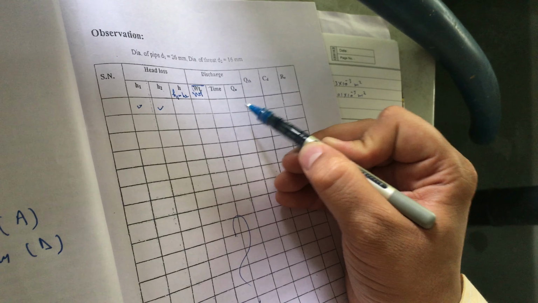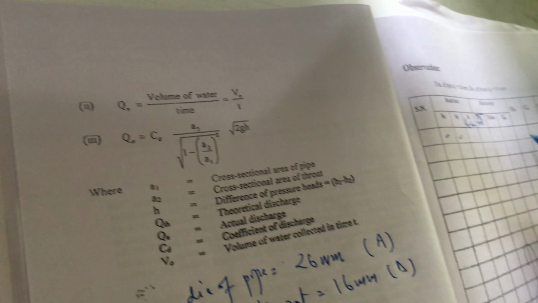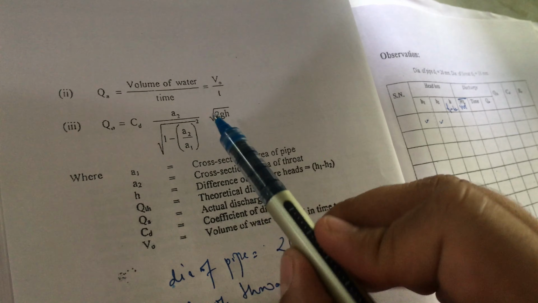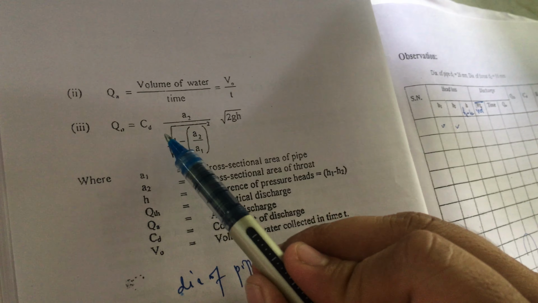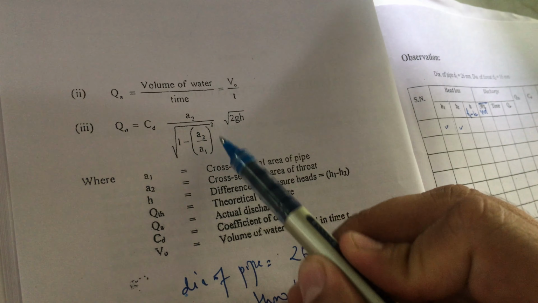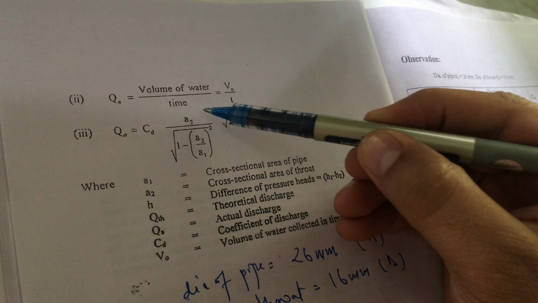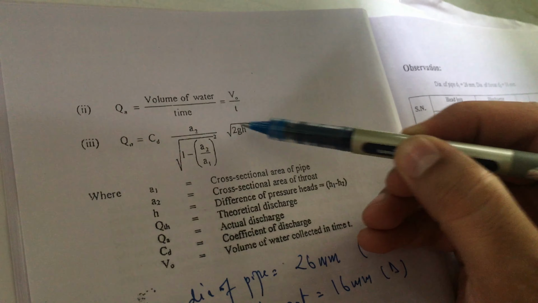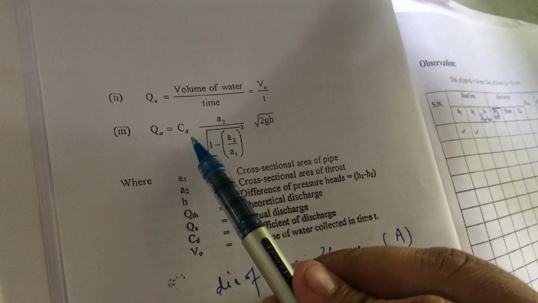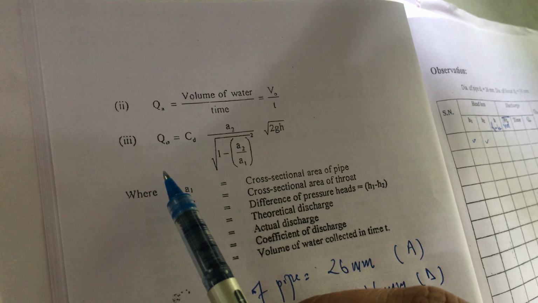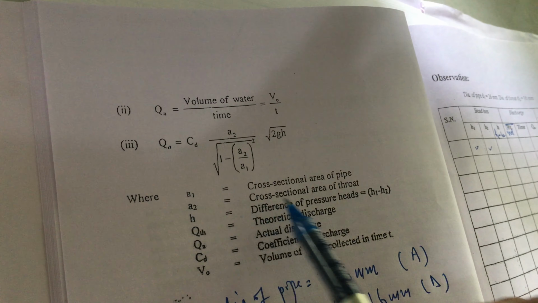Now Q actual is known, so in this formula we can calculate Q theoretical. This Q theoretical is equal to CD A2 upon under root of 1 minus (A2 upon A1) square, into root 2GH. We know A2, we know this expression, we know root 2GH, and the CD value is Q actual upon Q theoretical. So everything is known in this equation and we can proceed with the calculation.